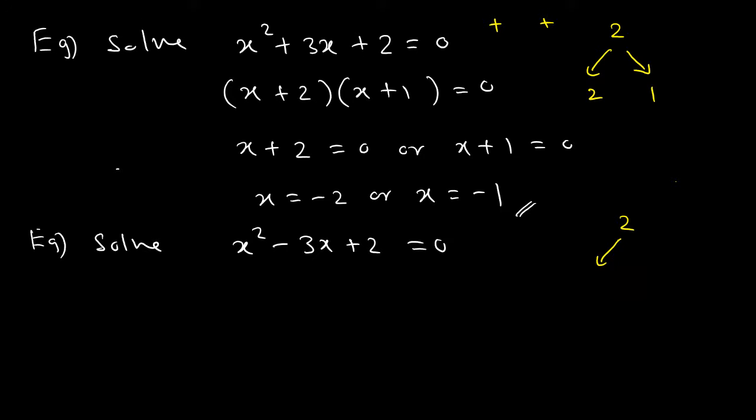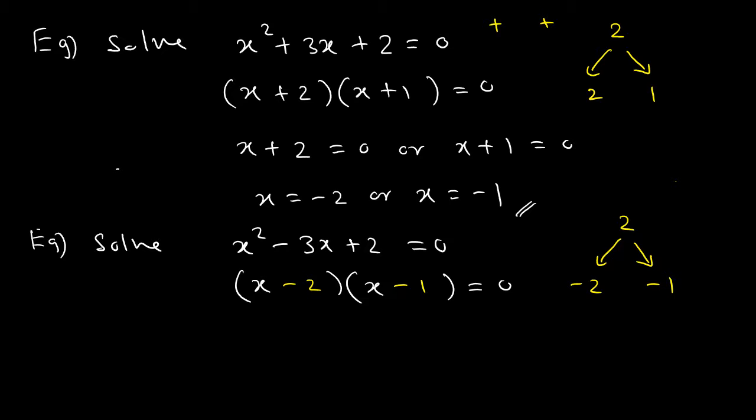You can see that those two numbers are -2 and -1. Once you get those two numbers, as before, we have x and x. So those two numbers go here. So that means this is -2 and this is -1.